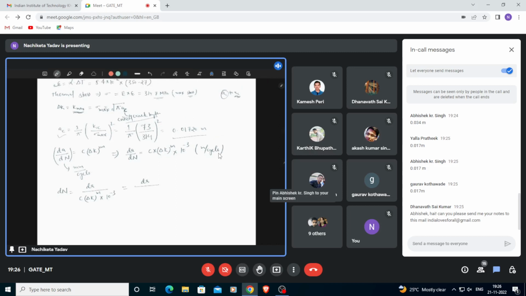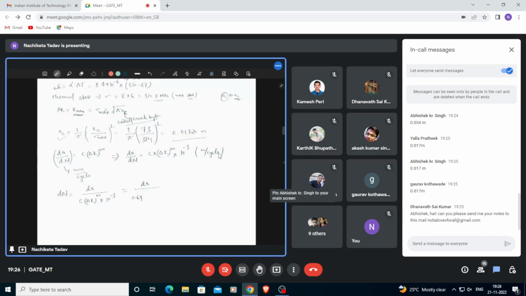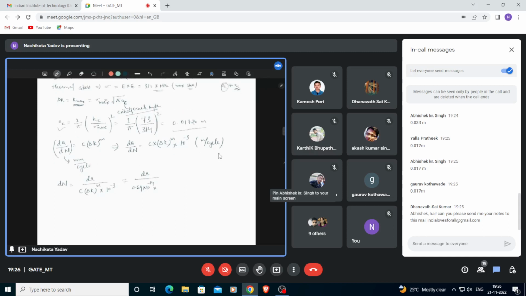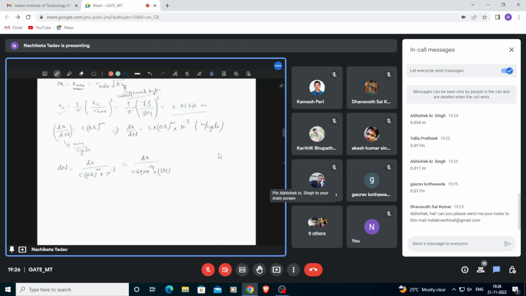Now we put in all the values. The C value is given: 0.69 into 10 to the power of minus 14, into the delta K value, which is also given, 314, and the m value is 4.4, into root pi a, 2.2 into 10 to the power of minus 3.